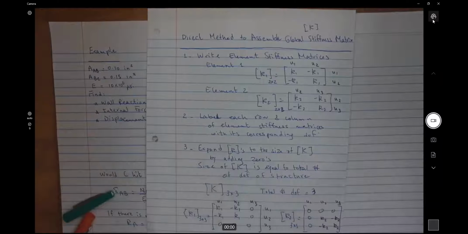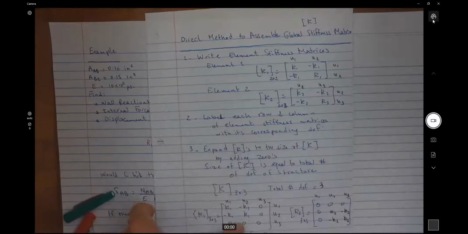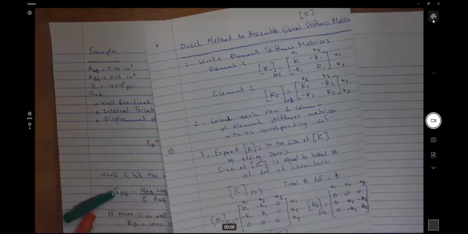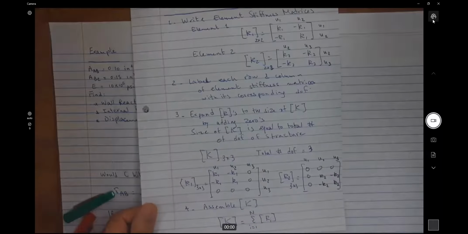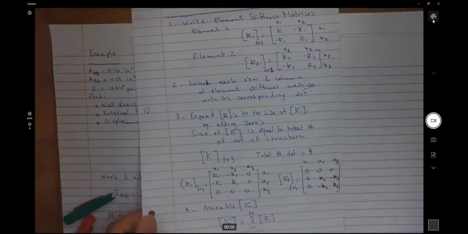Number one is to write the element stiffness matrices for element 1 and element 2, or however many elements we have. We label each row and column of the element stiffness matrices, which correspond to degrees of freedom. We expand the case to the size of the global stiffness matrix K, and then we add them to assemble, or put together, this global stiffness matrix K.